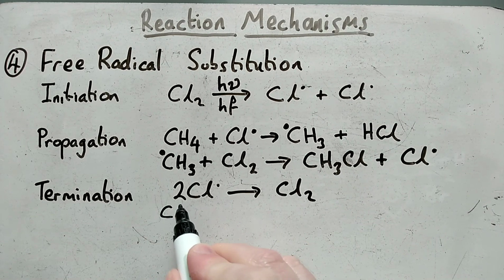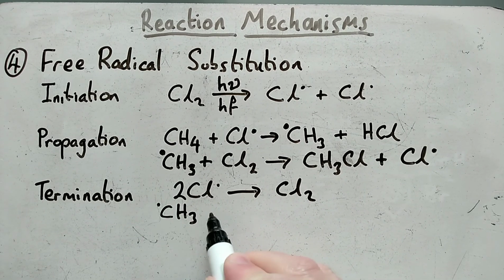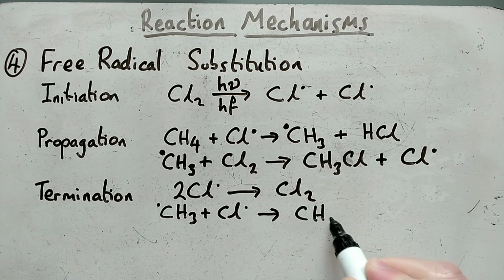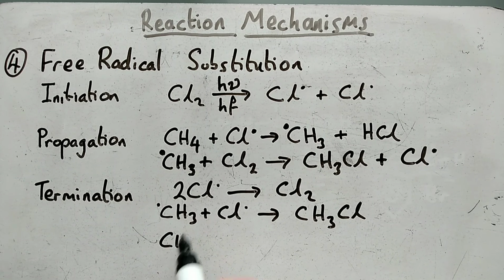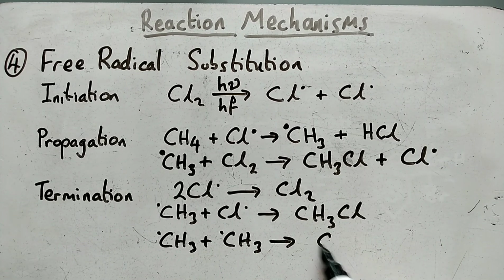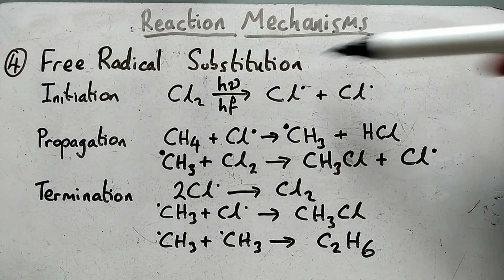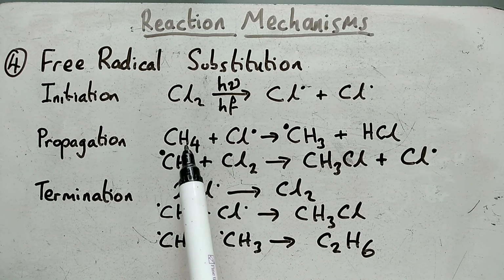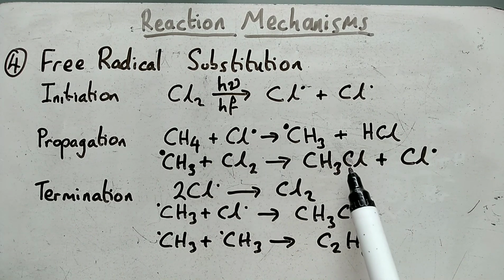We can have a CH3 dot plus a Cl dot, gives us a CH3Cl, and a CH3 dot plus a CH3 dot gives us C2H6. So that's the fourth reaction. It is a substitution reaction because we are replacing one of the H's on our methane with a chlorine.